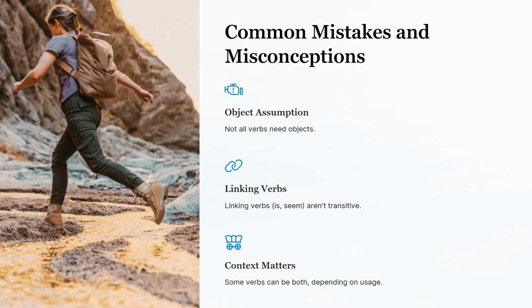Also, remember the context matters. Some verbs can be transitive in one sentence and intransitive in another, depending on how they're used. For example, the word runs can be intransitive, as in she runs, but it could also be transitive, as in she runs a business.